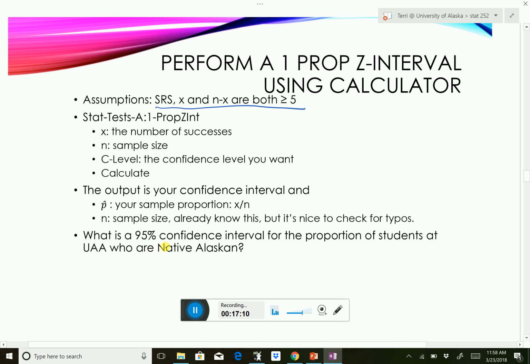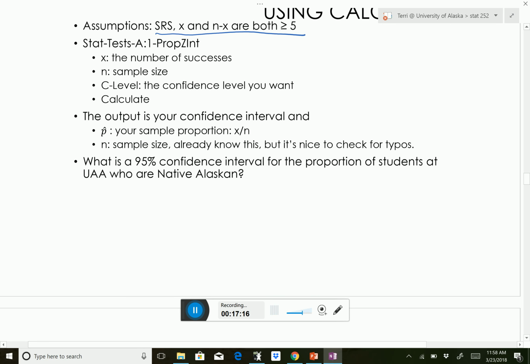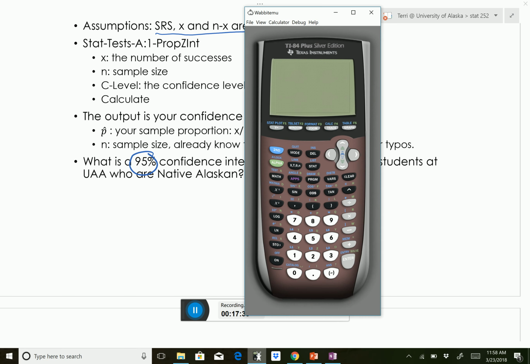So, what is the 95% confidence interval for the proportion of students at UAA who are Native Alaskan? So, let's remind ourselves really quick. We had x was 31, n was 245, and that's really all we have and all we need. And then our C level, of course, is 95%.